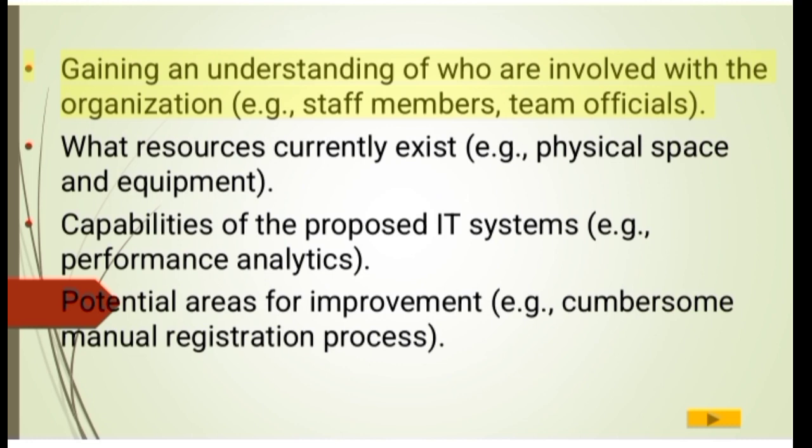Gaining an understanding of who is involved with the organization, e.g., staff members, team officials. What resources currently exist, e.g., physical space and equipment. Capabilities of the proposed IT systems, e.g., performance analytics. Potential areas for improvement, e.g., cumbersome manual registration process.